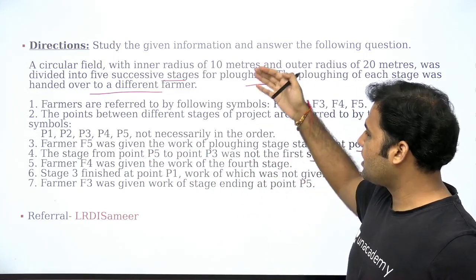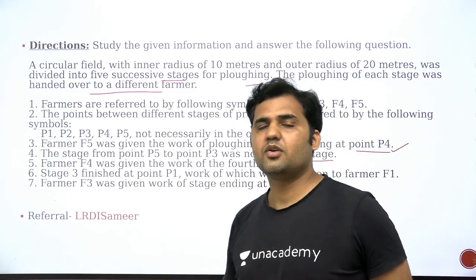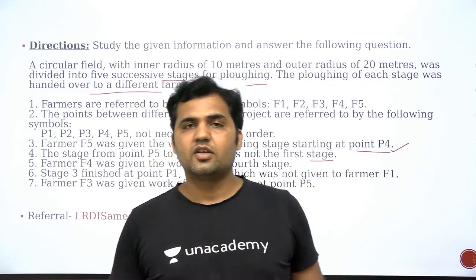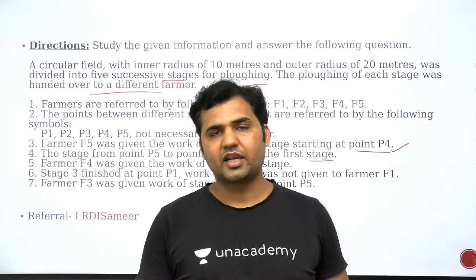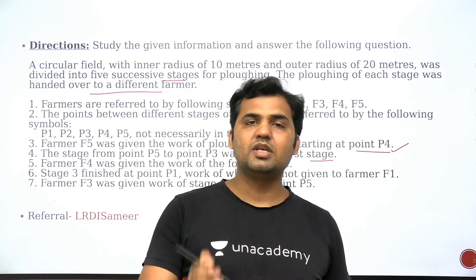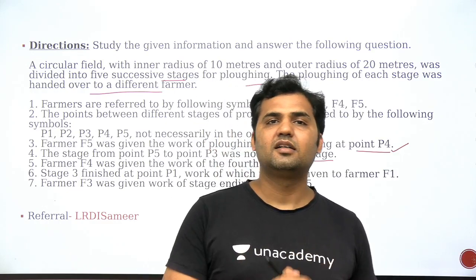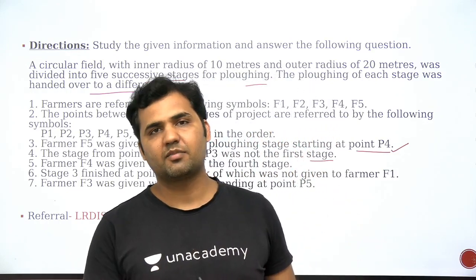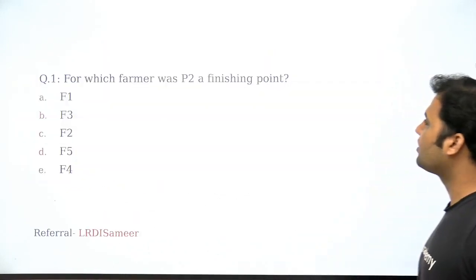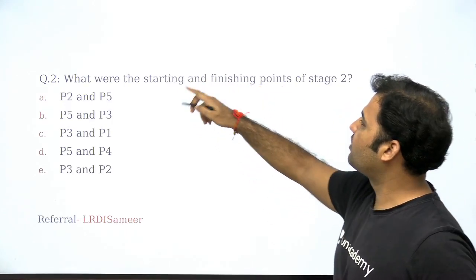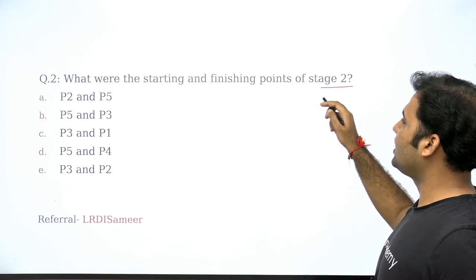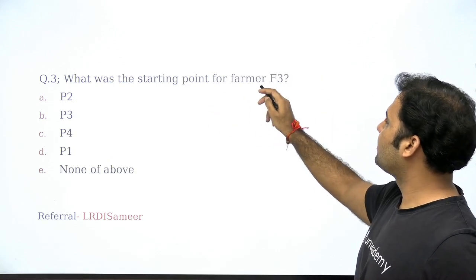You see that after reading these 3 or 4 lines, you should get to know that to solve the set, you are supposed to find out which stage is starting from which point, and who is the farmer handling that particular project. Even if you look at the questions, for which farmer was P2 a finishing point, what were the starting and finishing points of stage 2, what was the starting point for the farmer F3.